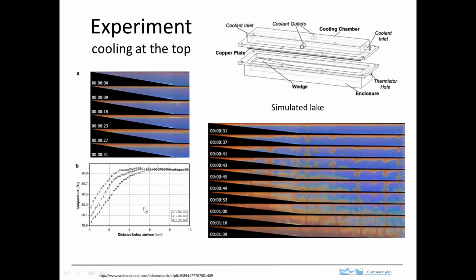That occurs after about 30 seconds of cooling, and you can see here's 30 seconds, these triangles, and at 30 seconds there is, let's see, about 0.8 degrees C of cooling at the surface, and that extends a couple of millimeters below the surface.